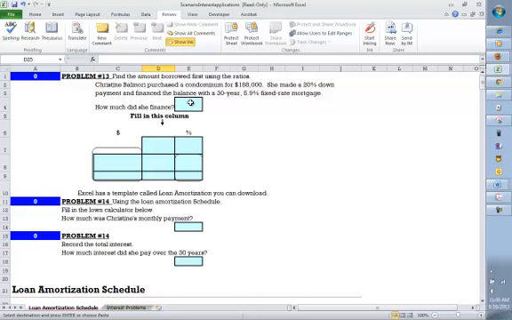Christina Balmori purchased a condominium for $188,000. She made a 20% down payment. So how much did she finance? It's $188,000 times 0.80. Since she made a 20% down payment, she's financing 80%. Okay? So we have rate, D for down payment, financed, and total. The price.